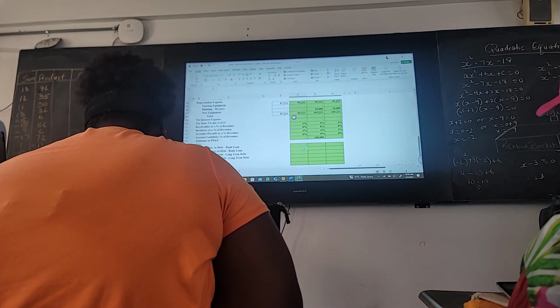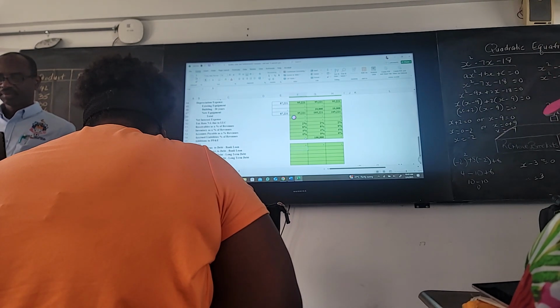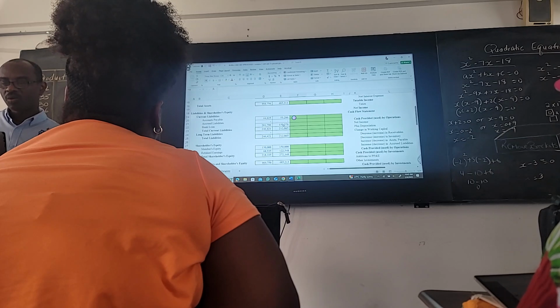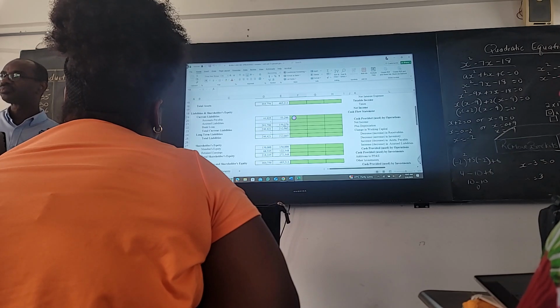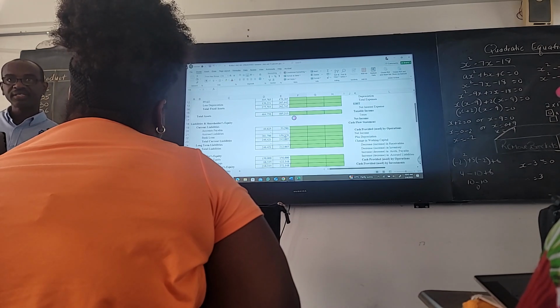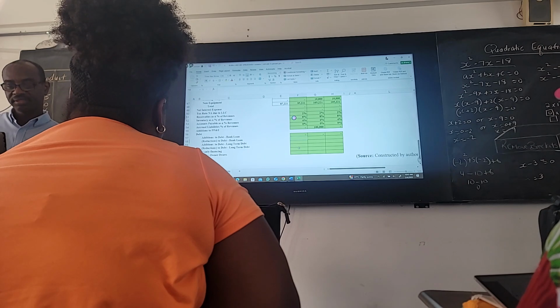Let's look up at the balance sheet. How much do they owe to the bank at the end of 2014? 159,579.